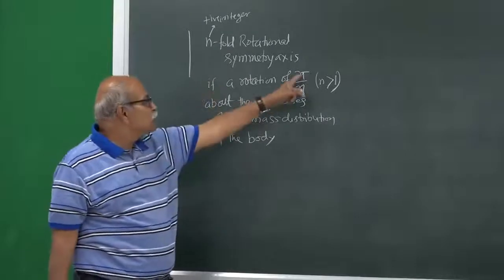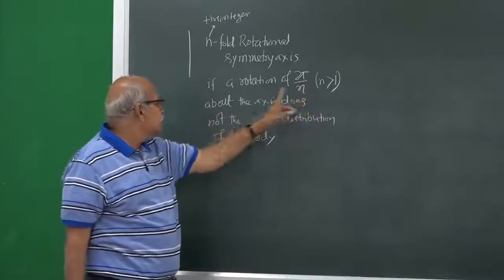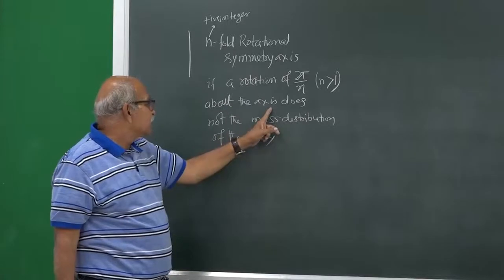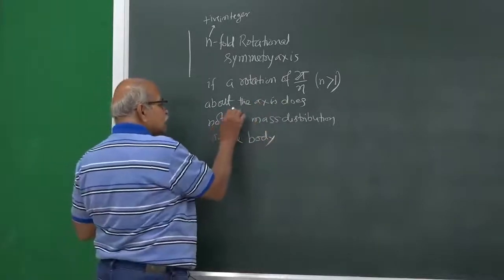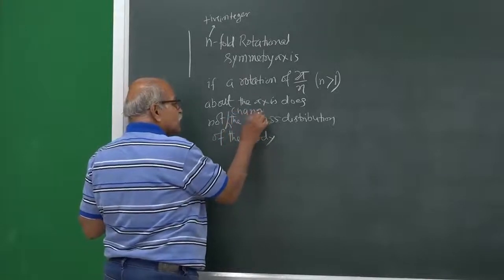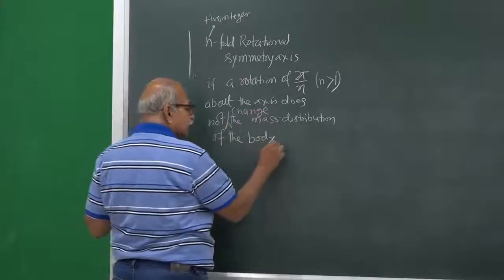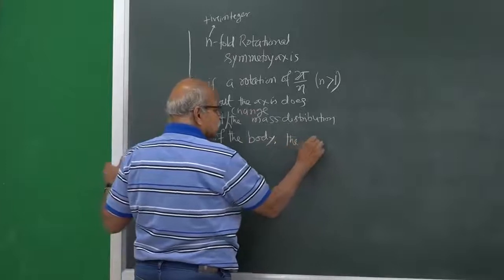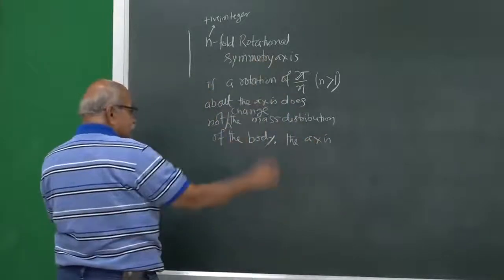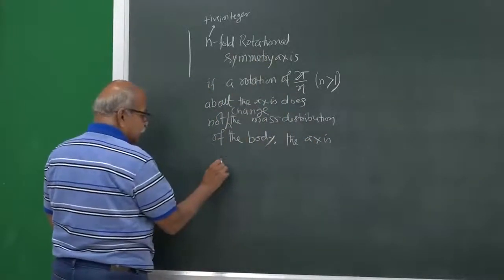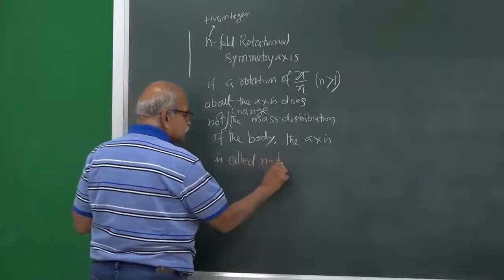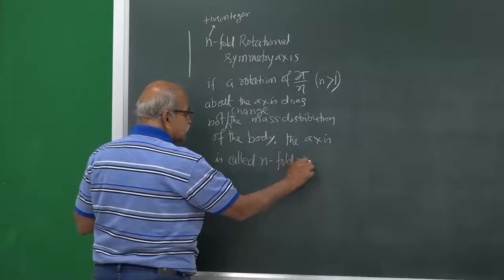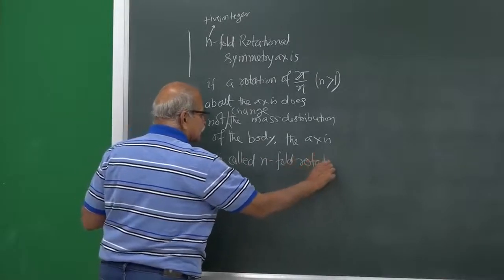If a rotation of 2 pi by n, with n greater than 1, about the axis, about the line, does not change the mass distribution of the body, this axis or this line or this direction is called an n-fold rotational symmetry axis.